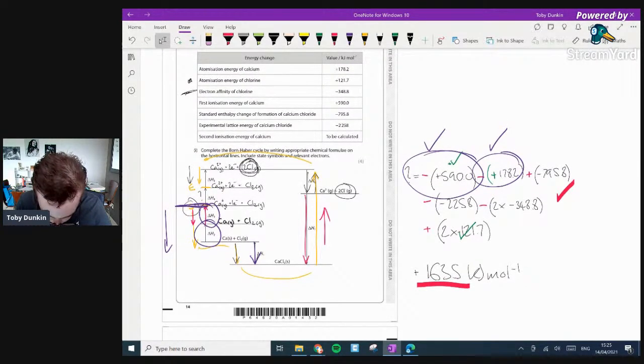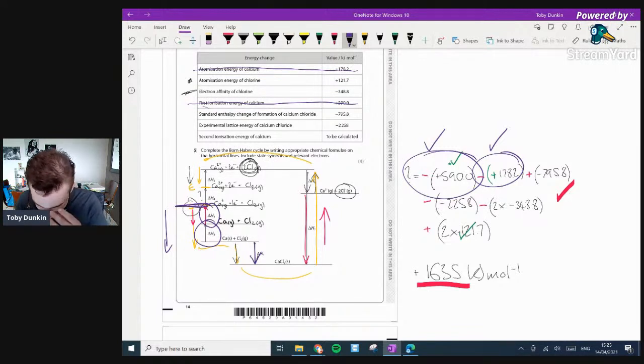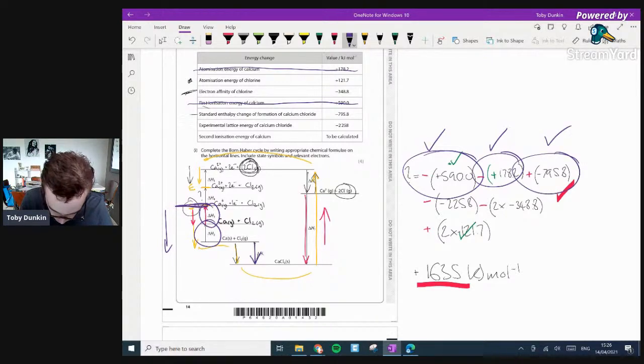I want to cross them off as I do it. First ionization energy, done. Atomization of calcium, done. Next one is the standard enthalpy of formation, and it's going with me. That there is correct.